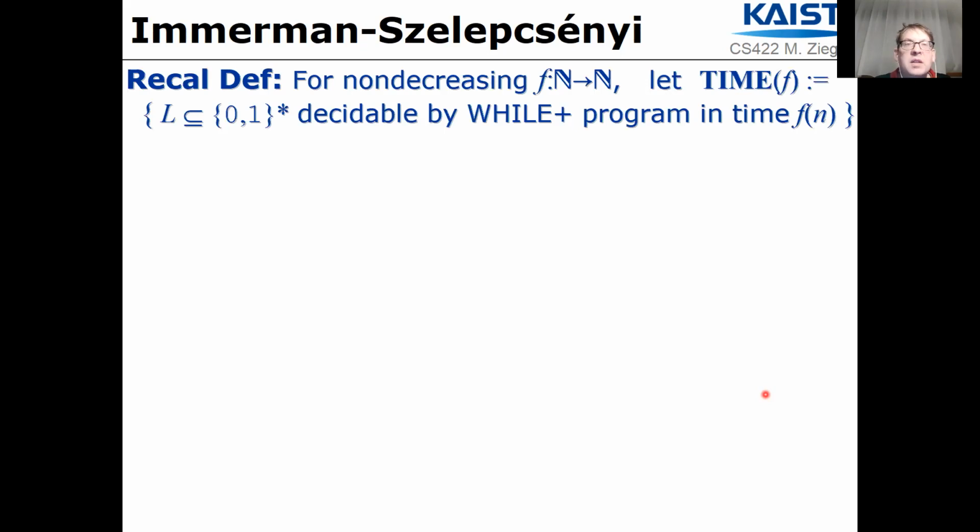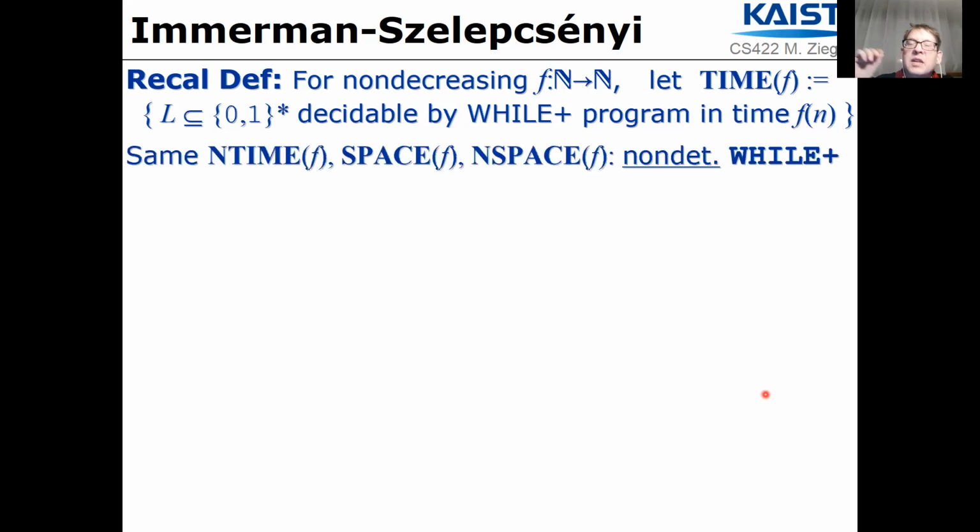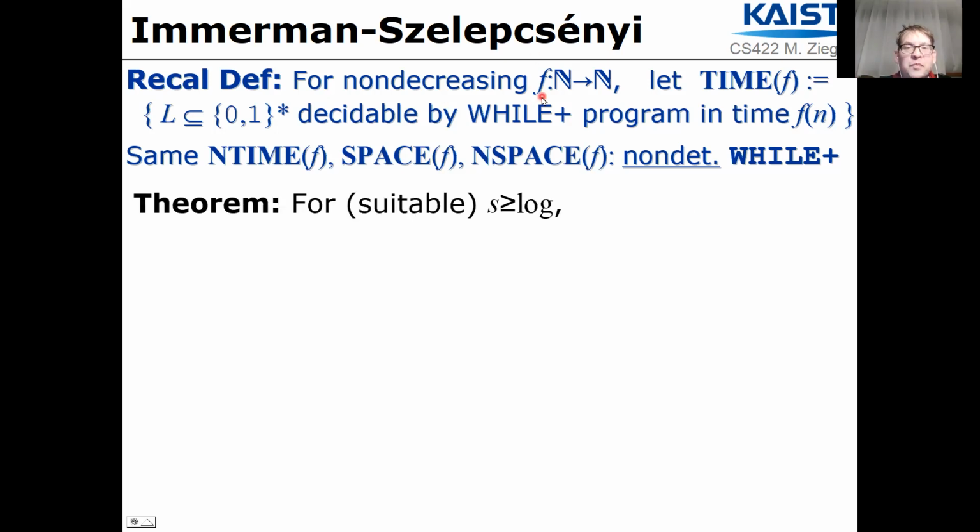So this is again the recap of our definition for stratified polynomial time, stratified non-deterministic polynomial time, stratified polynomial space, stratified non-deterministic polynomial space, with this parameter function, any non-decreasing function.